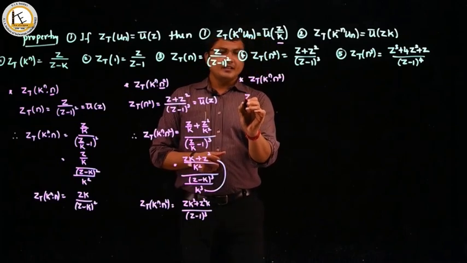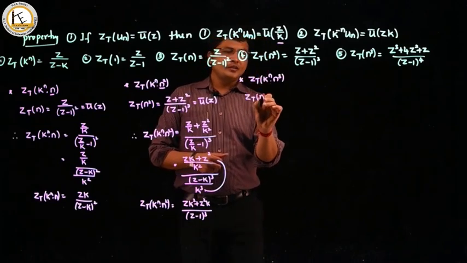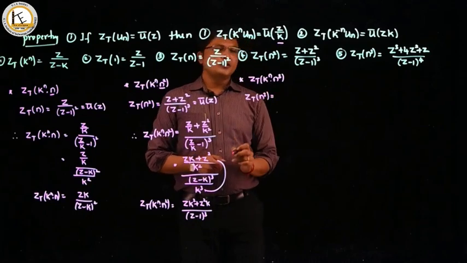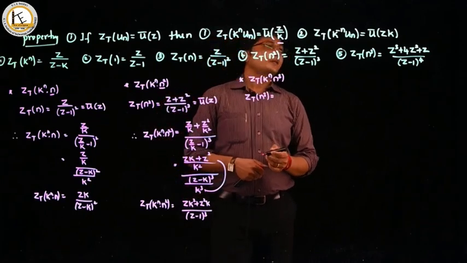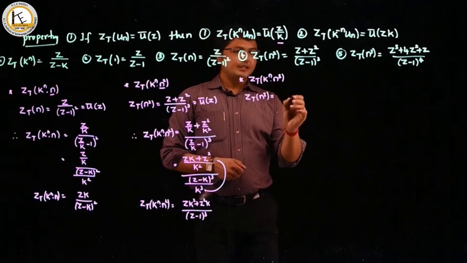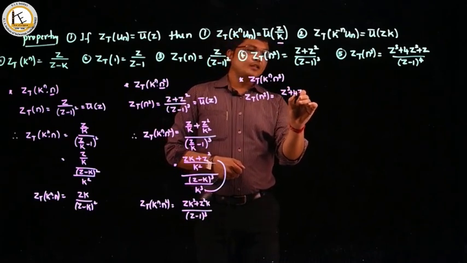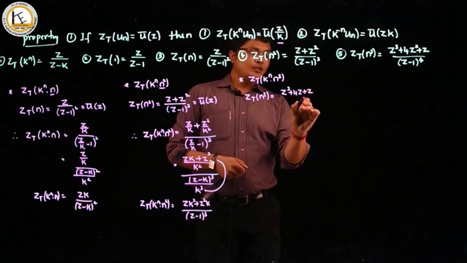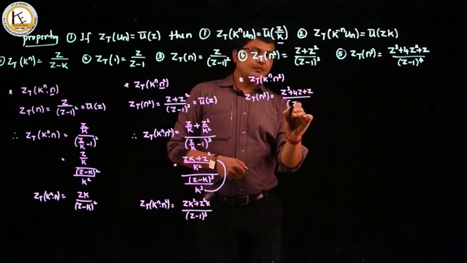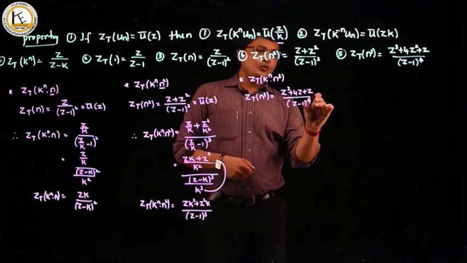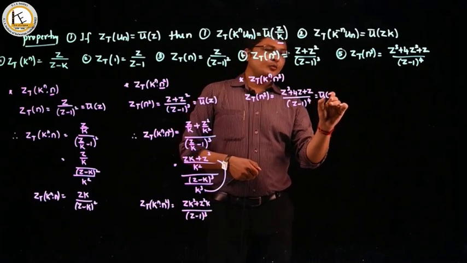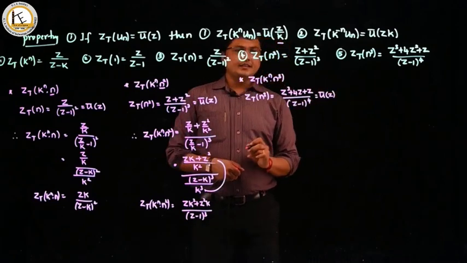So first finding the Z transform of n cube. Since already we derived all these formulas, we will directly take it. So the Z transform of n cube is nothing but (Z cube plus 4Z square plus Z) whole divided by (Z minus 1) the whole raised to 4. So this is nothing but u bar of Z.